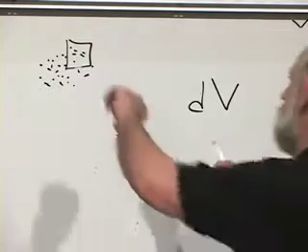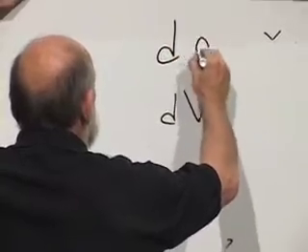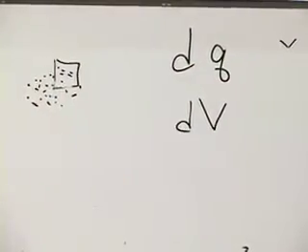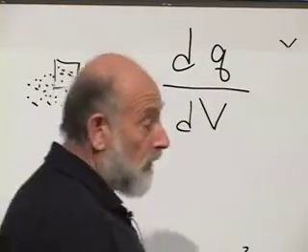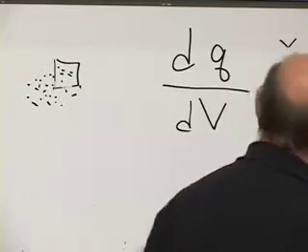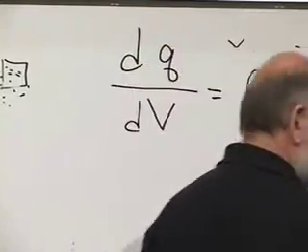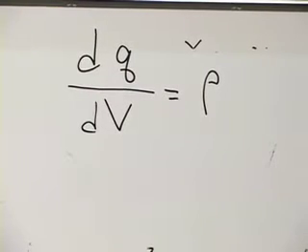But the ratio, let's call the amount of charge in there dQ, a small charge in a small volume, and the ratio of the amount of charge per unit volume is called the density. So it's the charge per unit volume, except at each point of space evaluated separately.